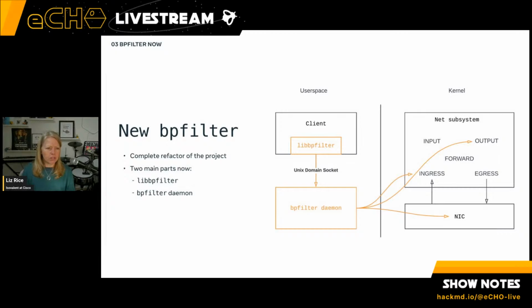And to my understanding, there was an attempt to convert things like iptables rules into BPF programs within the kernel. And that change actually ended up never really fulfilling its promise. So now bpfilter is a daemon. I'm going to show it to you shortly, and some kind of client that uses libbpfilter to generate BPF programs that the daemon then loads into the kernel and attaches to whatever eBPF hook point we're interested in.